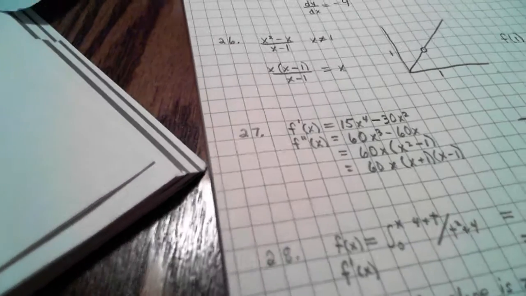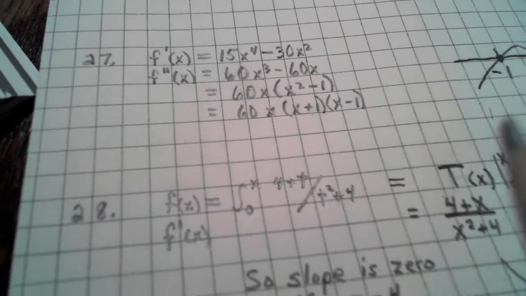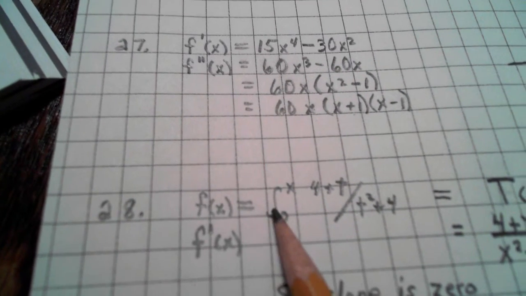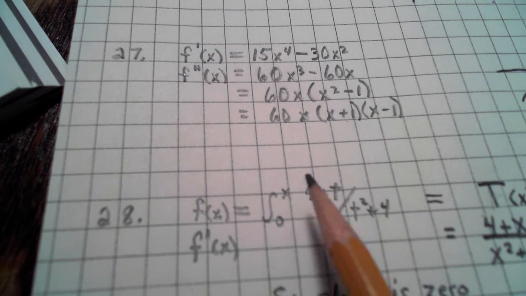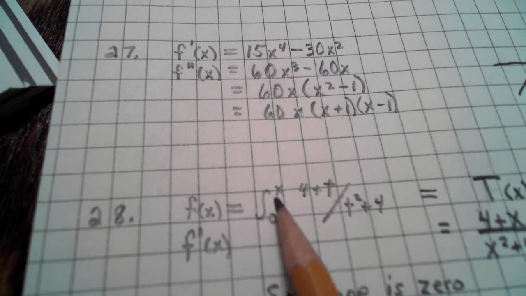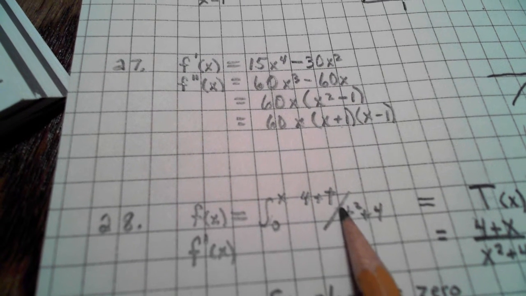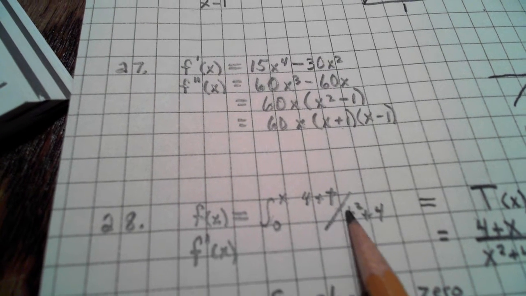And finally, kind of a hard problem that we did, 28. They say f of x is equal to the integral from 0 to x of a function in t. If you could do that integral by hand, you would do the antiderivative of this.